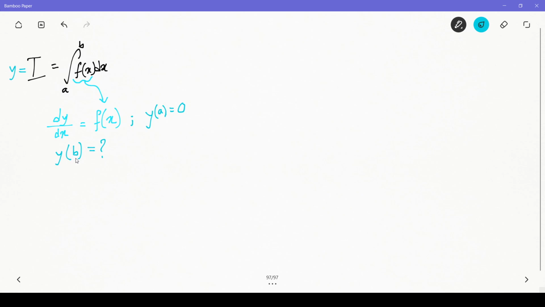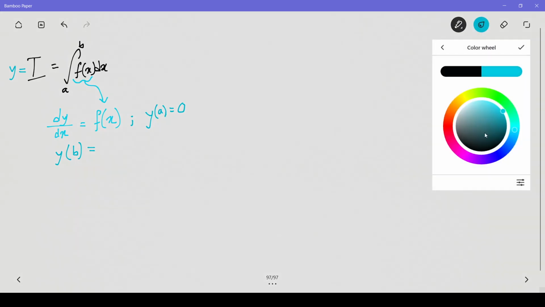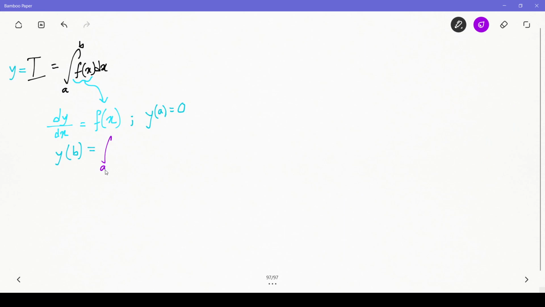If we find the value of y of b, essentially we will end up with an approximation of the value of the integral. So let's go back to our slide and see what we can do. This thing over here, instead of the question mark, we'll end up with the integral that we are looking for, f of x.